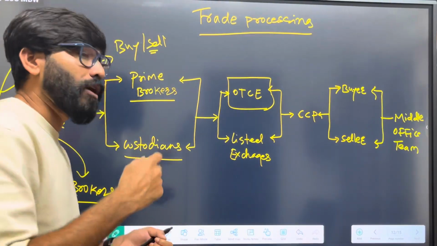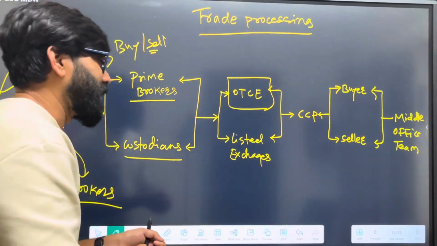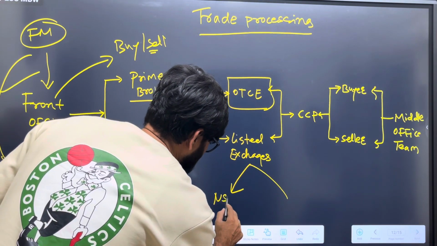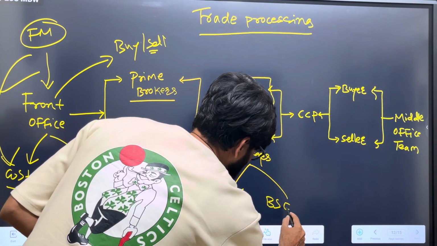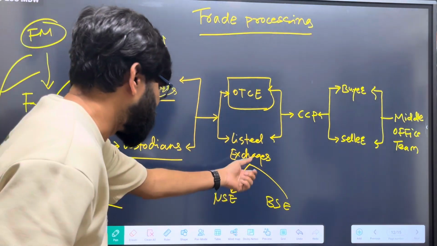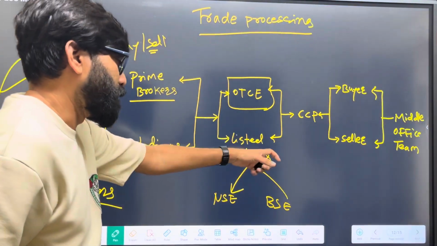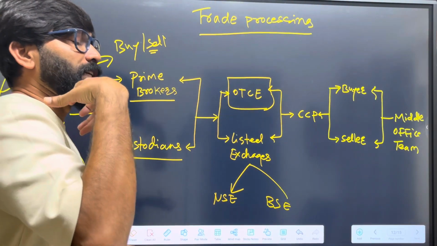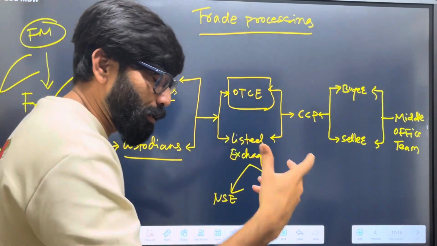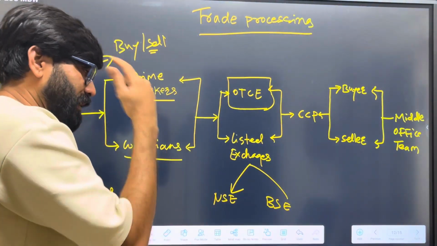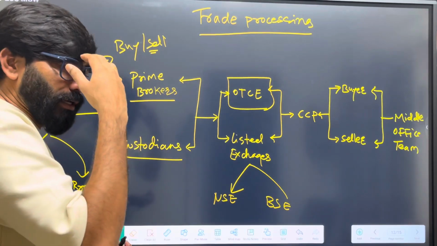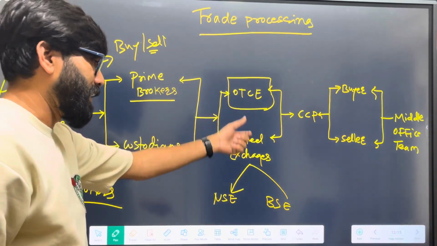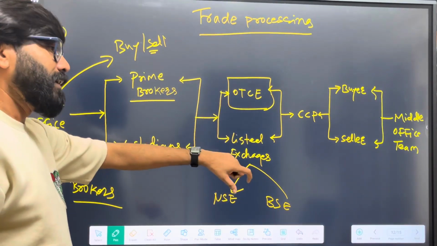But what if I talk about equities? If the equity is listed, that becomes a listed product. As you know, we have NSE and BSE, where you can directly buy options and securities. There is also an ECN system, an electronic communication network system, through which you can directly buy and sell the securities within a fraction of a second.